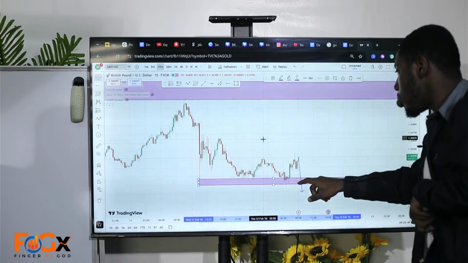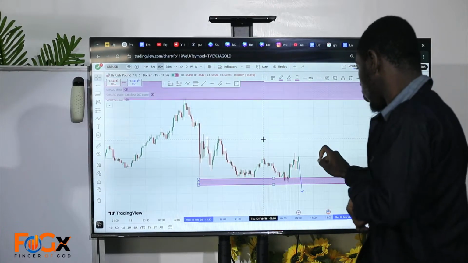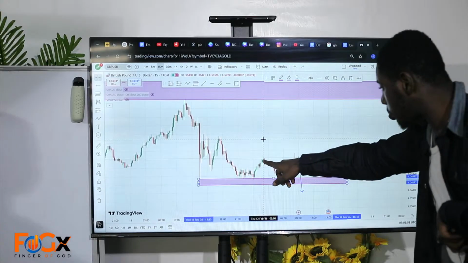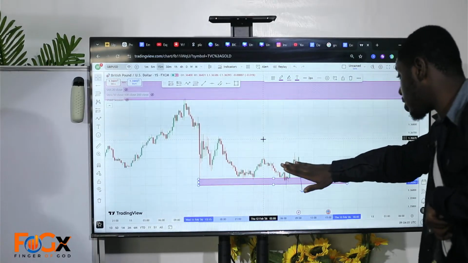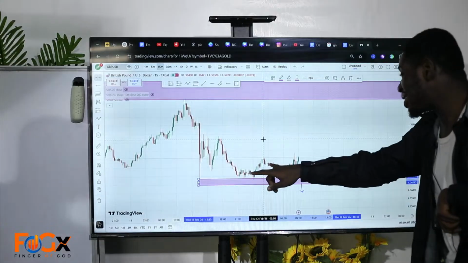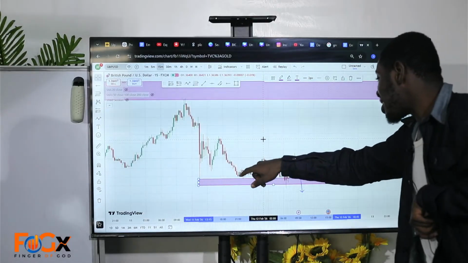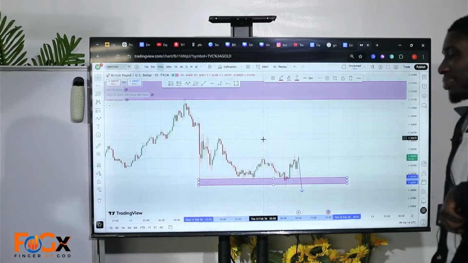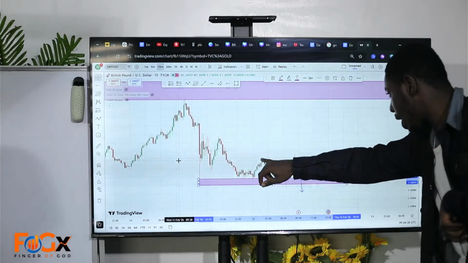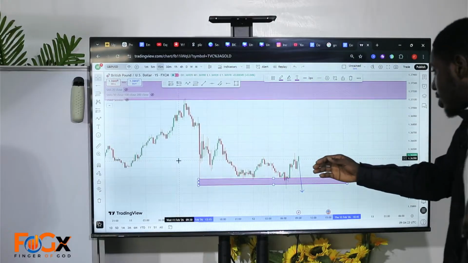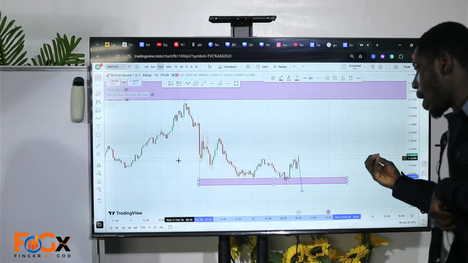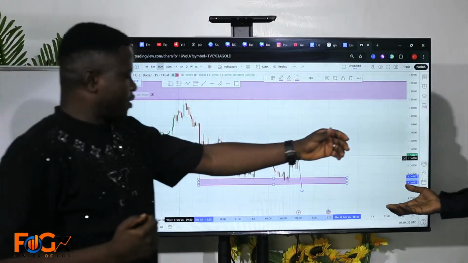I'm not 100% sure. There is no 100% clarity that price will do as I'm expecting, but there is a probability that price can do what I'm anticipating.